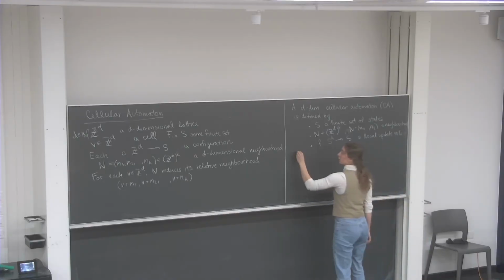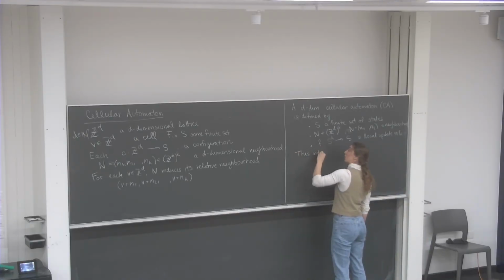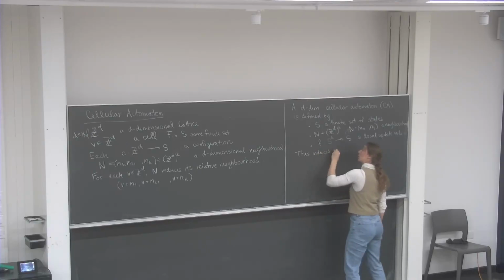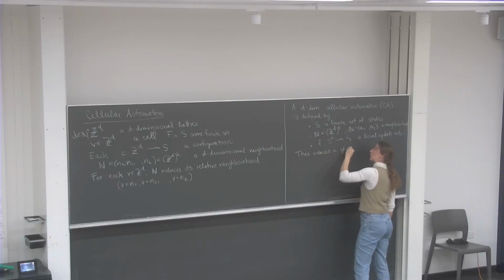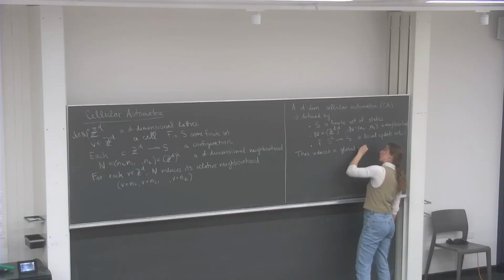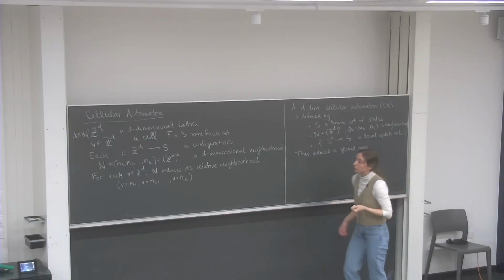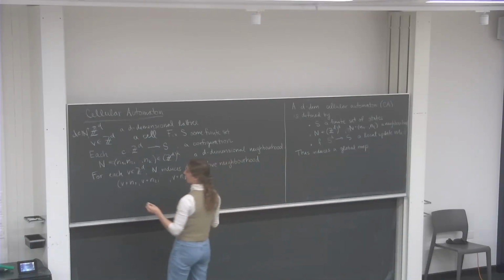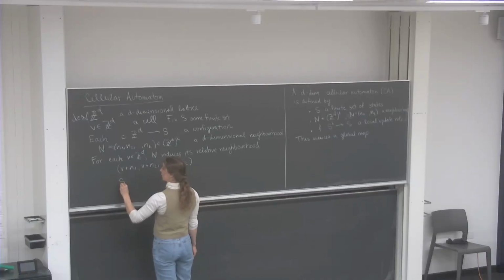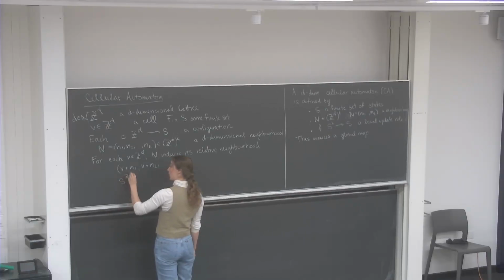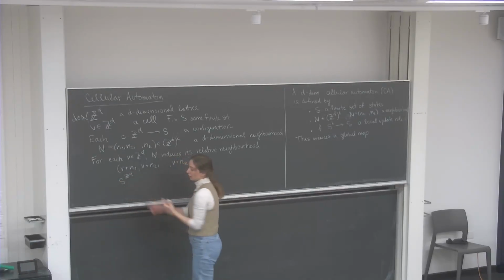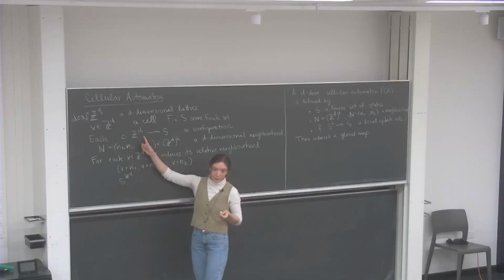So this induces a global map. Okay, one more piece of terminology is that S to the power of Z to the power of D is essentially exactly the set of all such mappings.